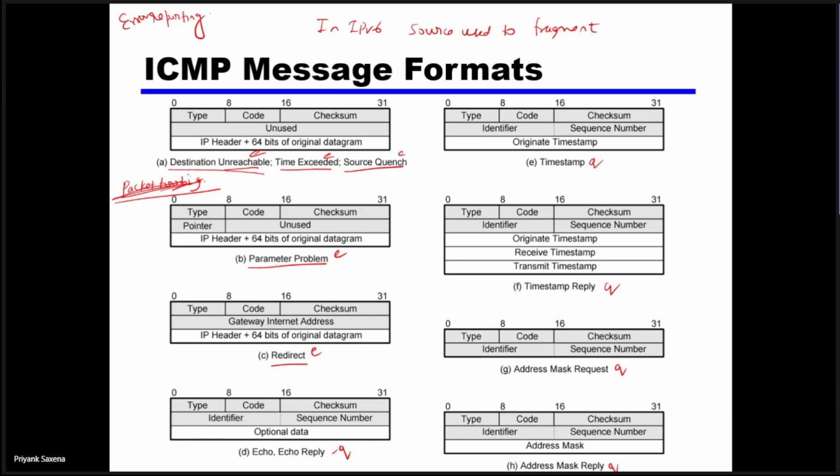Now coming to the query messages, right? There are a few query messages like echo request and echo reply. See, in an environment like the internet, if a host wants to know the availability of the router, or the router wants to know the availability of the host, whether that particular host is alive or not, whether that particular router is alive or not, right?